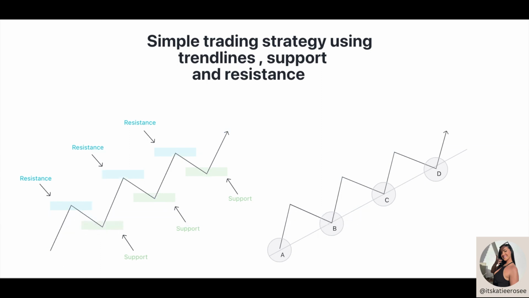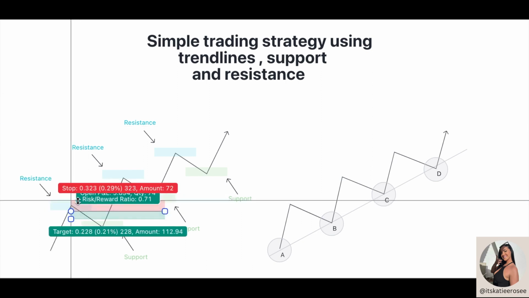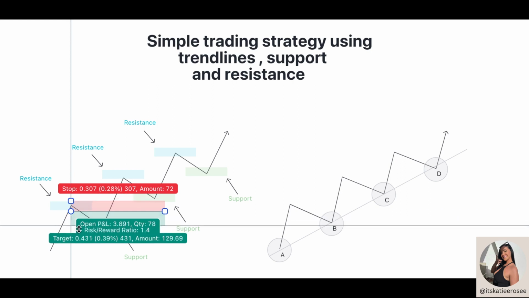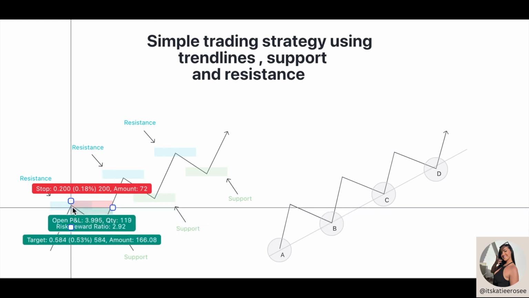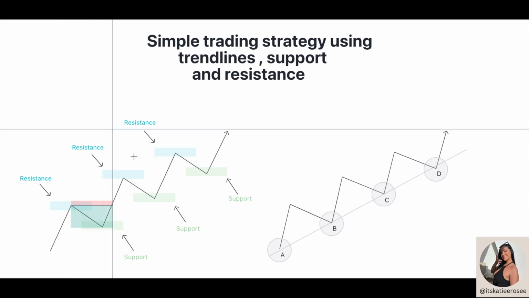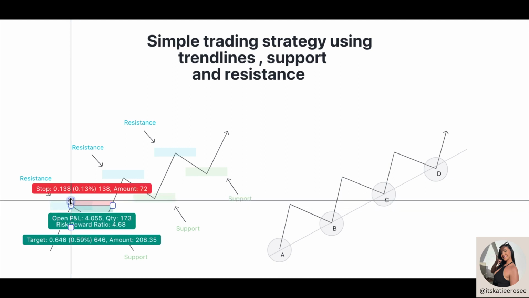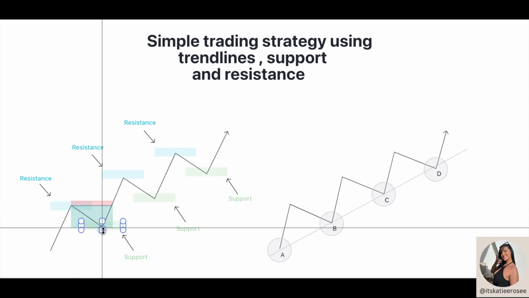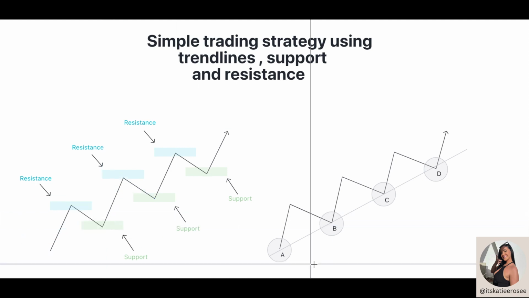And they would have, for example, a stop loss and a take profit, just like that, because you want to be selling when there's resistance in the market and buying when there's a bounce off of support in the market. I hope that makes sense.